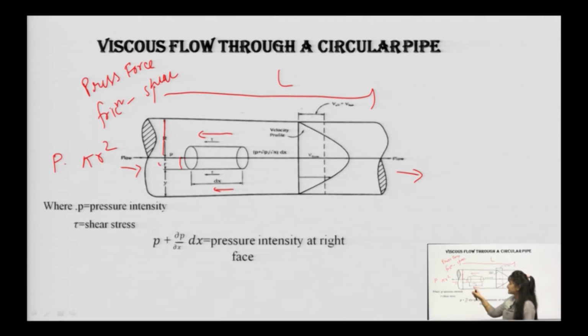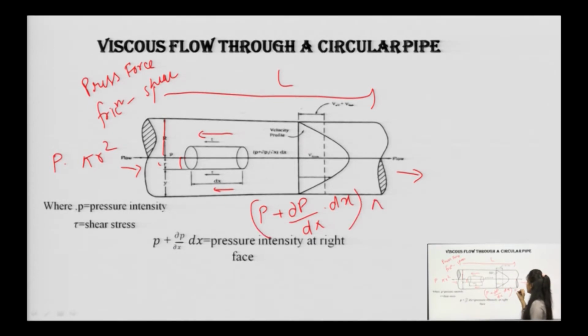After travelling a distance of dx, the value of this pressure will become P plus the change in pressure in the x direction, and again multiplying it with area gives the pressure force.